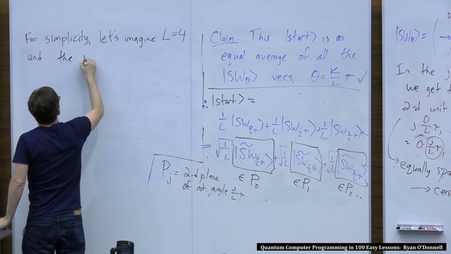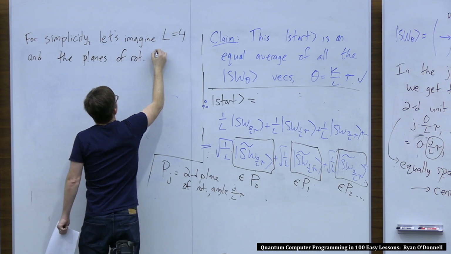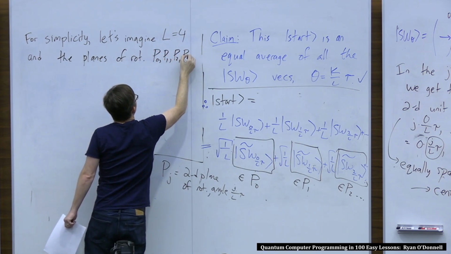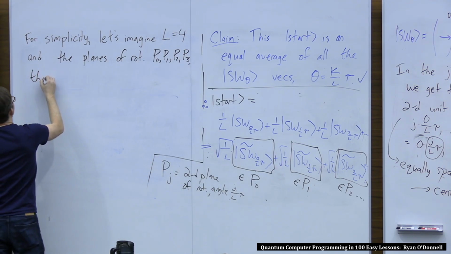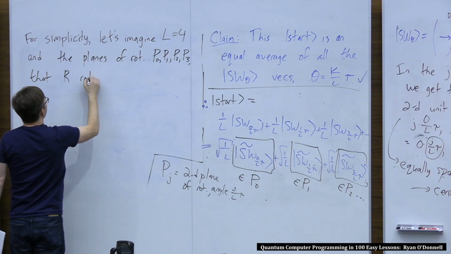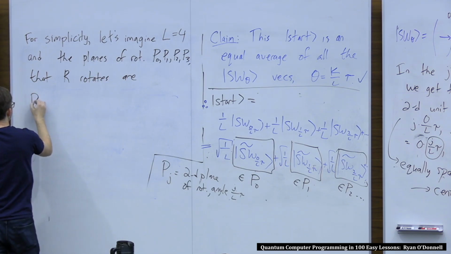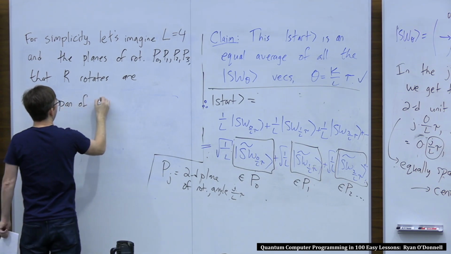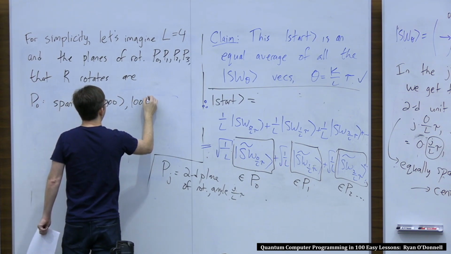So these planes of rotation, which we'll now just call P0, P1, P2, and P3, are the simplest possible ones. P0 is just going to be the span of 0, 0, 0 and 0, 0, 1.